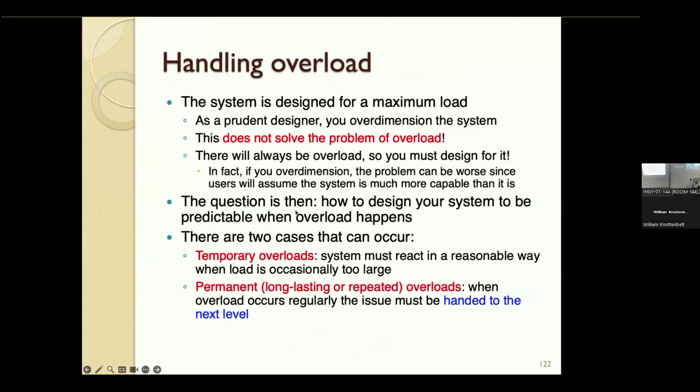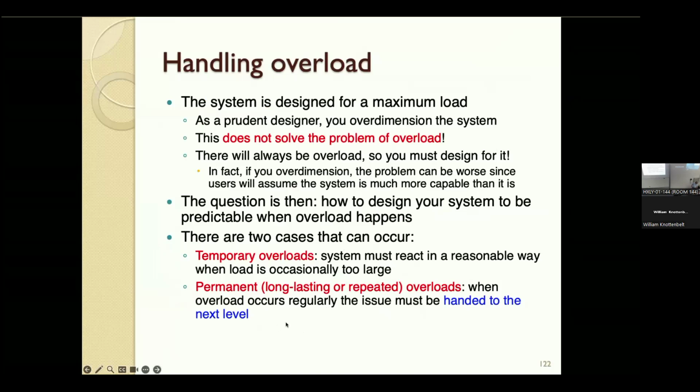The whole point is your system should be predictable when overload happens. There are two very different cases. The first one is temporary overload: occasionally the load becomes larger than the load it was designed for, and the system has to be reasonable. The second problem is just as important, which is called permanent overload.